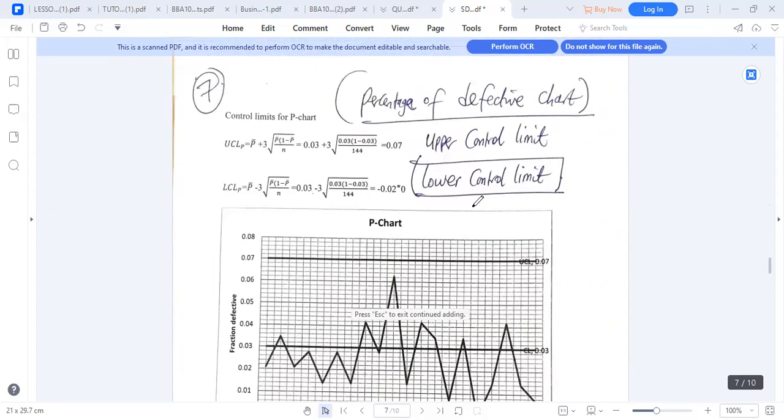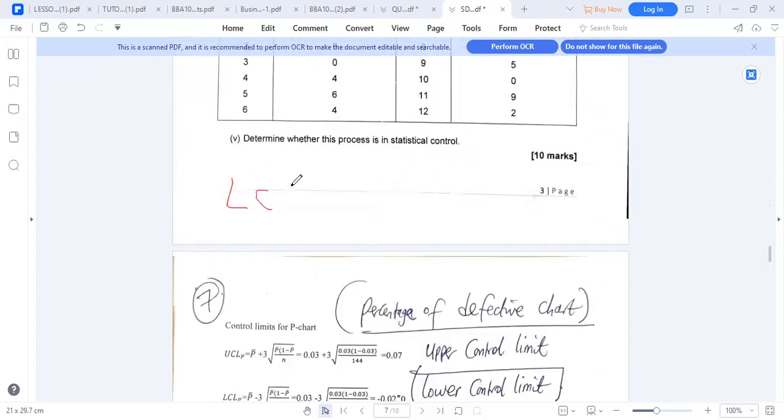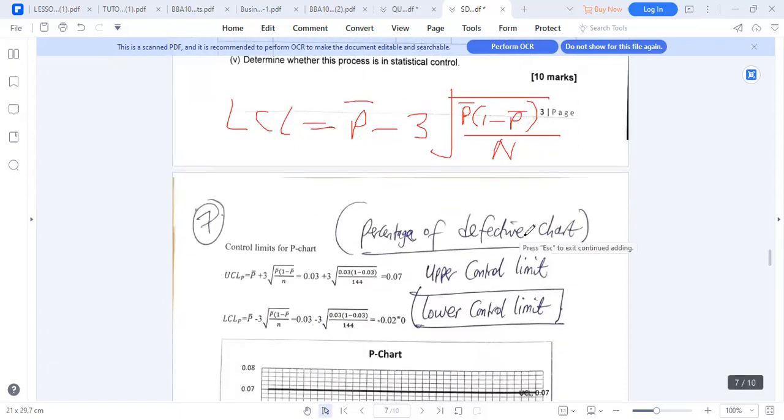Here, the formula for the lower control limit for the P chart is P bar minus 3, which is standard, times the square root of P bar times 1 minus P bar over N. This is how you get a lower control limit.